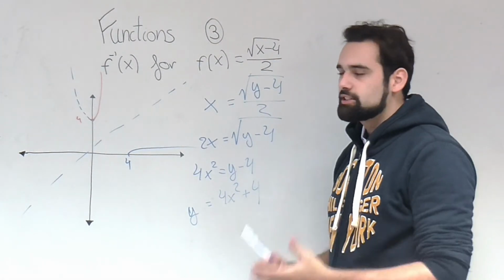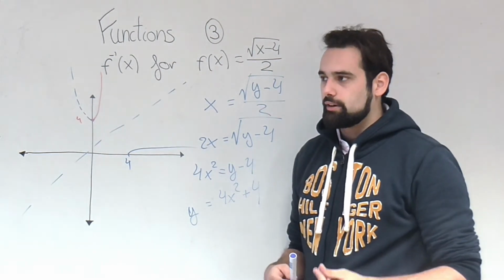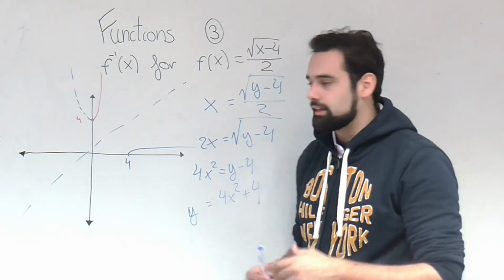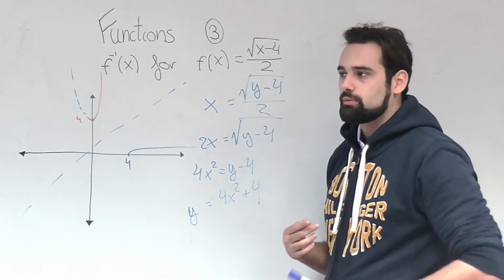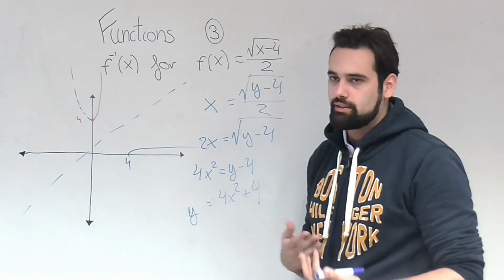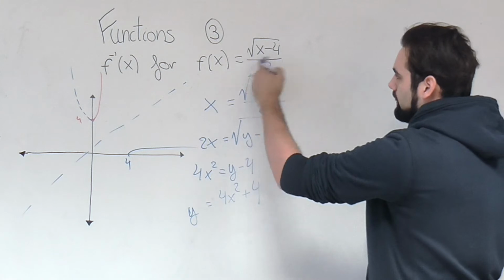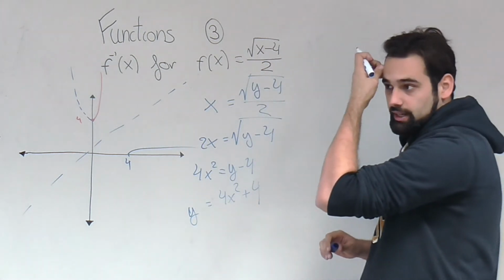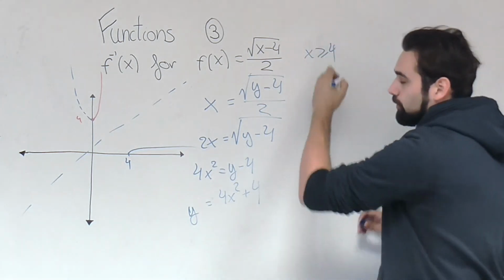Now, this does not mean that you did it wrong. This means that you added some kind of technicality when you squared things. So that's when you need to start looking at how the domain and the range affect it. So here you know that x does not exist when it's smaller than 4. So x has to be greater than 4.